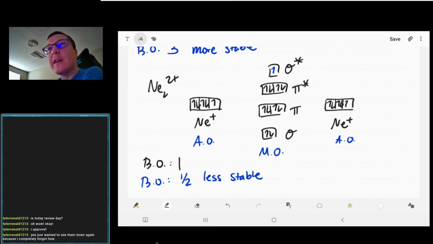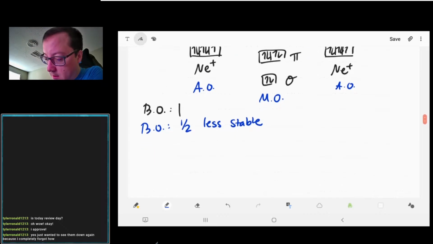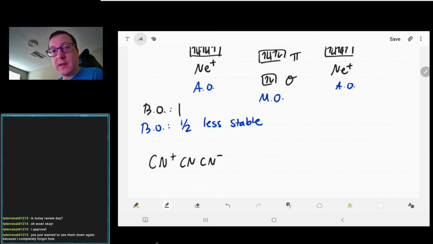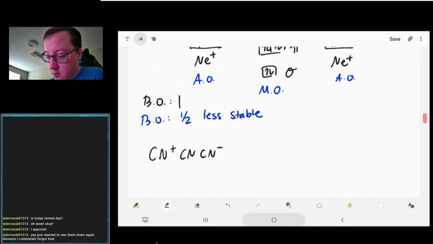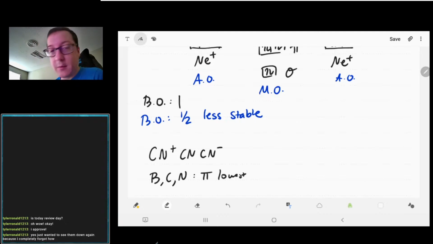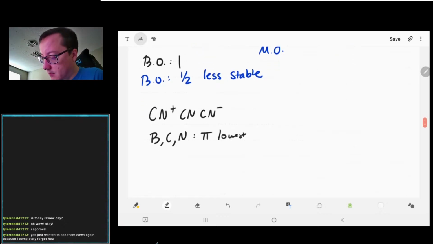If we look at the next question you had, it was CN. Okay, let's look at CN. We had CN+, CN, and CN-. Both of these have the pi orbital as the lowest one. Remember, for B, C, and N, pi is lowest. For the rest of them, sigma is going to be lowest.